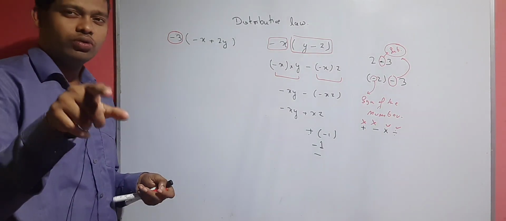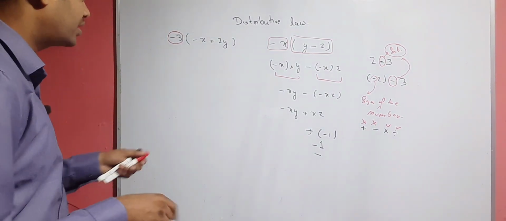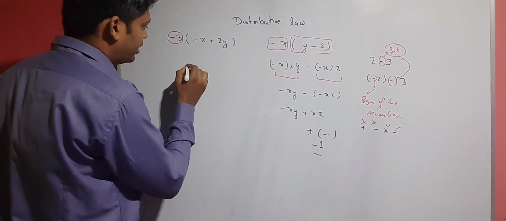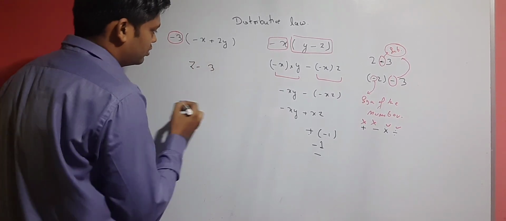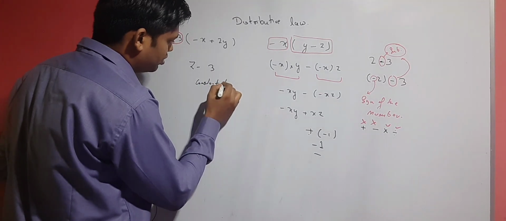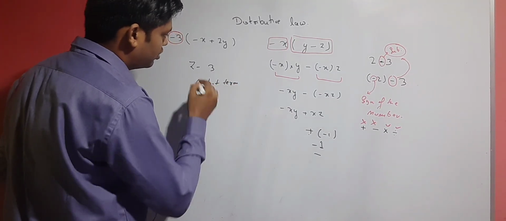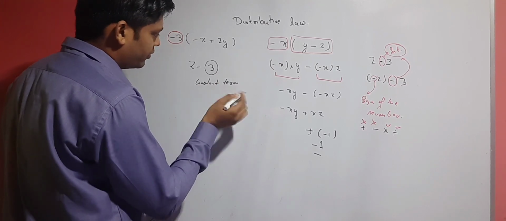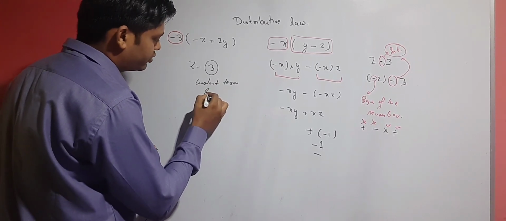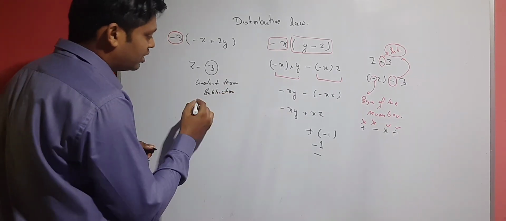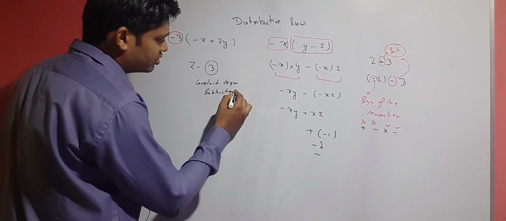Clear? Very important, note it down with a pen somewhere. Give an example and note it down. Wait, I will tell you, I will just write z minus 3. So here is the constant term. What you have to do is subtraction, and the relationship between these two is subtraction only.